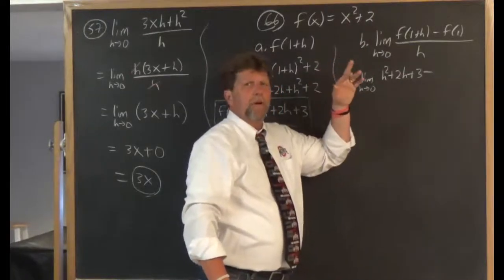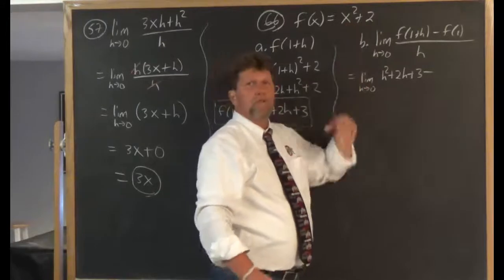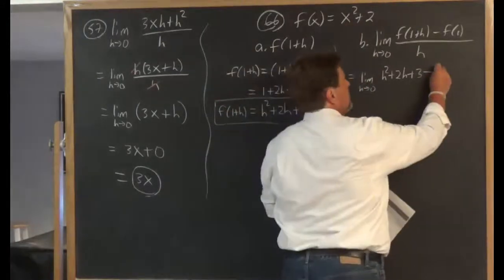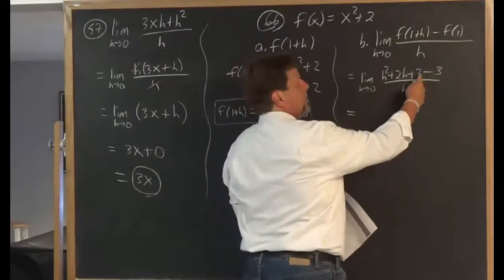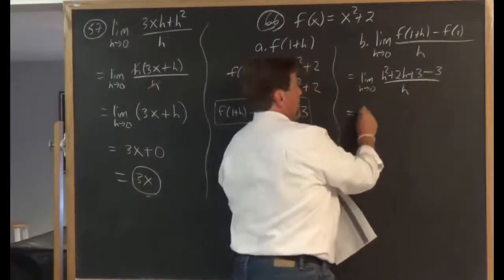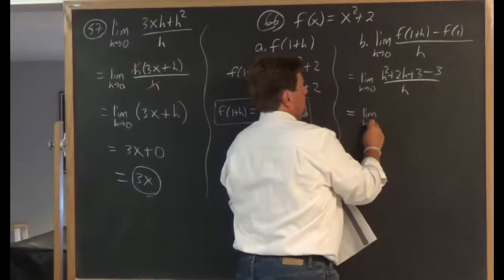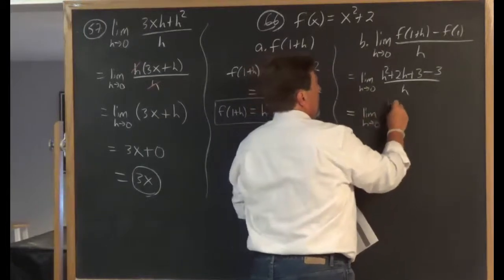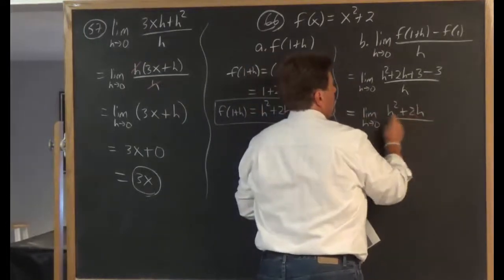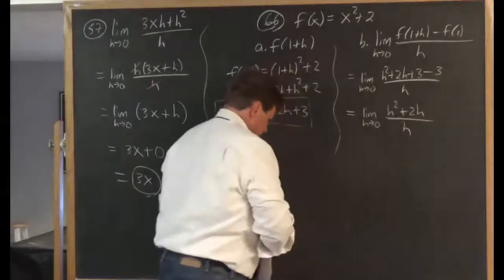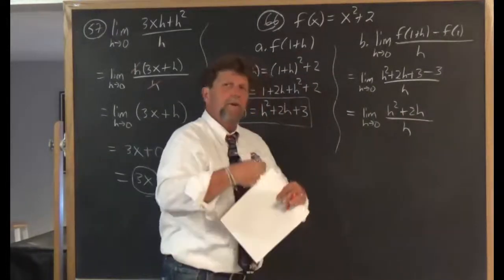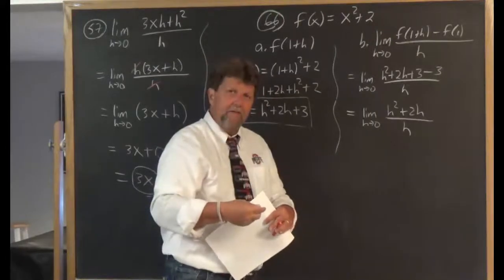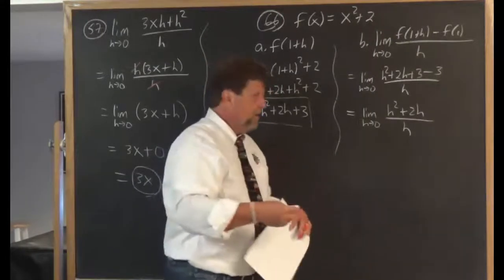Let's see, 1 squared is 1. 1 plus 2 is 3, so the f of 1 is 3. Combine like terms, just have a 3 minus 3, which is 0. And, well, if you try substitution here, you're going to see you have the indeterminate form 0 over 0, so you need some algebra magic. Factor an h out of the numerator.